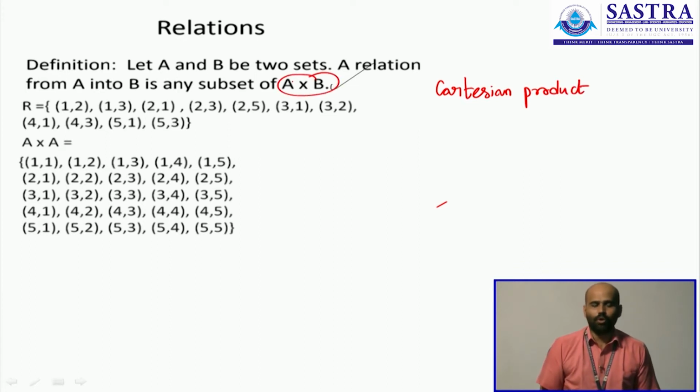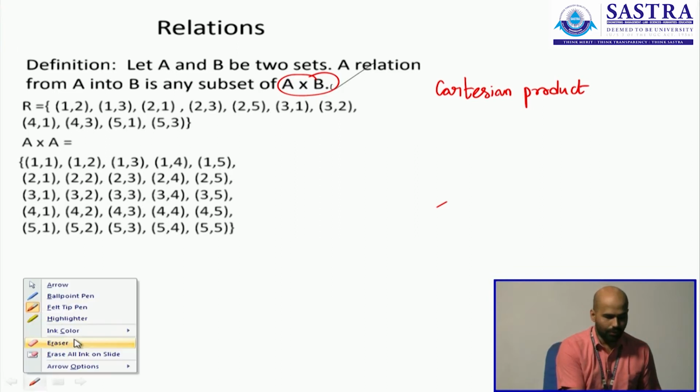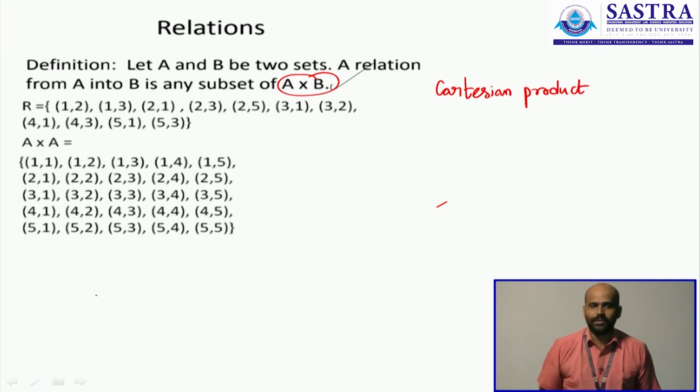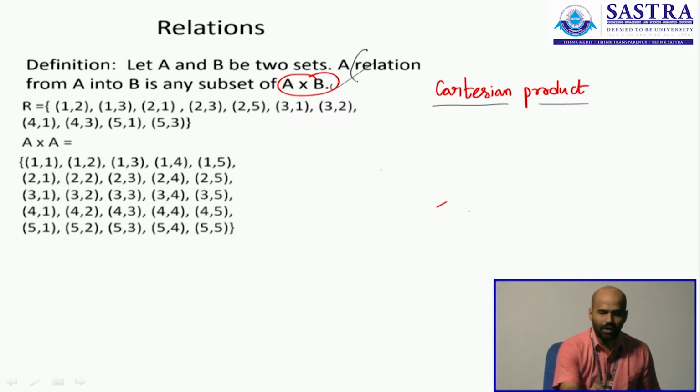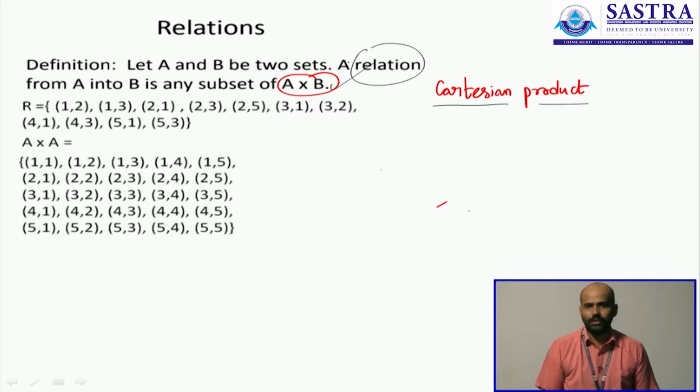The Cartesian product of A cross B is going to represent all ordered pairs that are possible between A and B, such that the first element is picked up from set A and the second element is picked up from set B. Such a set is what you call as a Cartesian product, and the relation R is going to be defined as a subset of this large set.